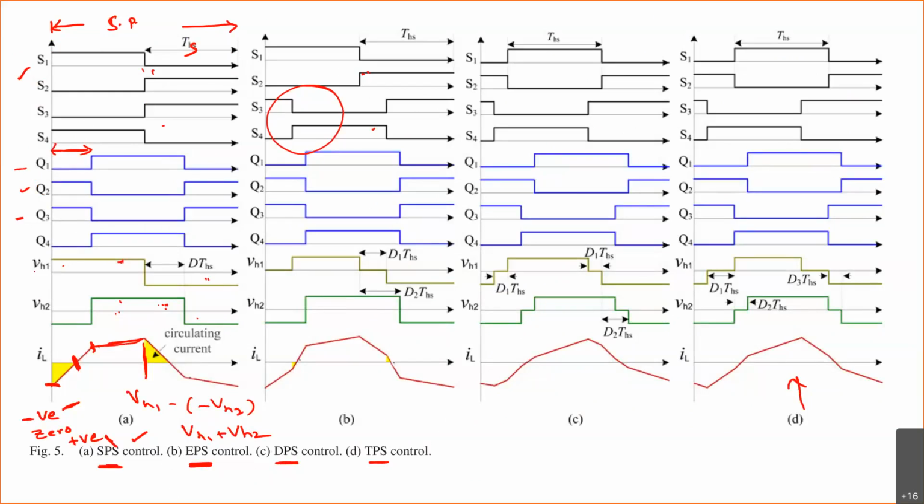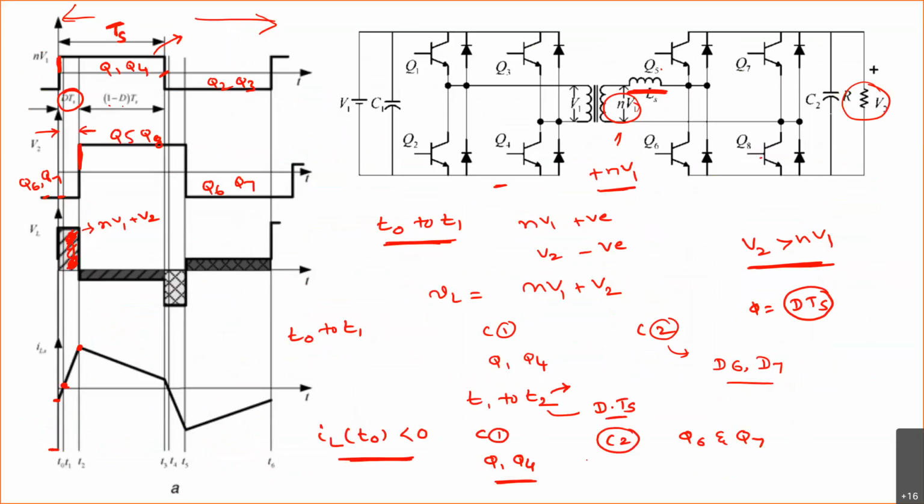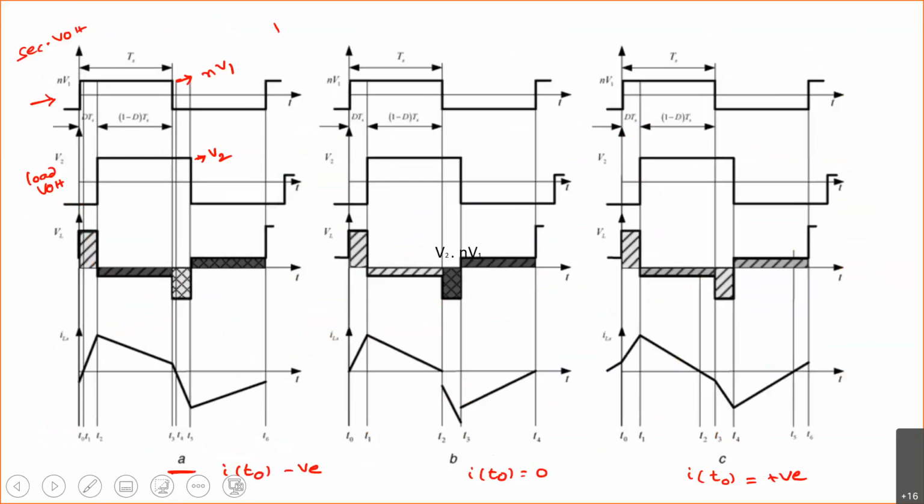We are talking about the single phase shift, where there is a phase shift between converter 1 and converter 2. We normally control for the half cycle period, and we assume that the phase shift is D times the TS.